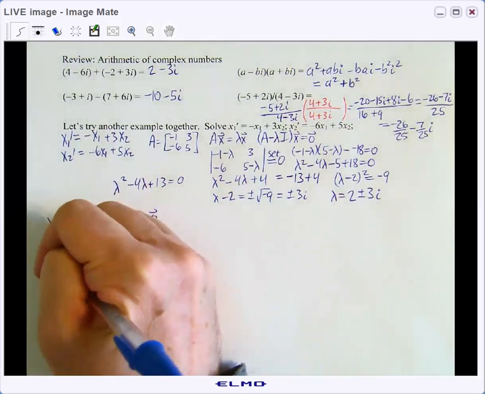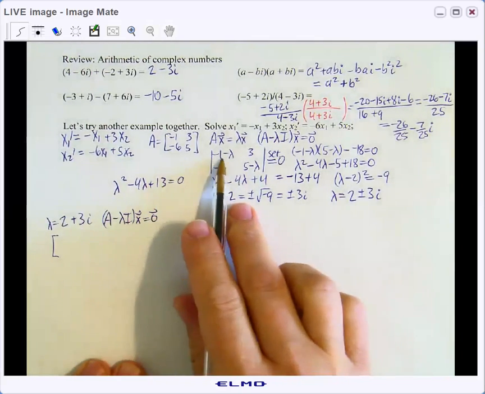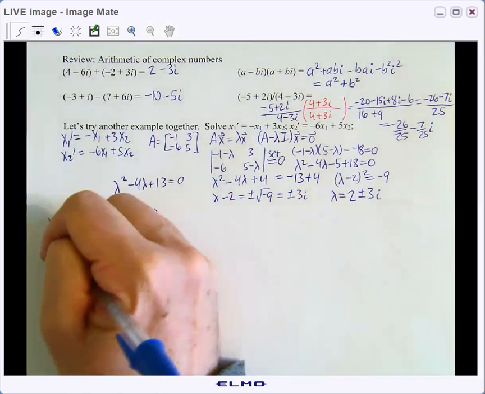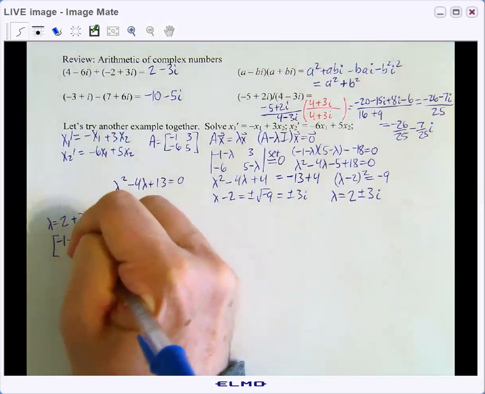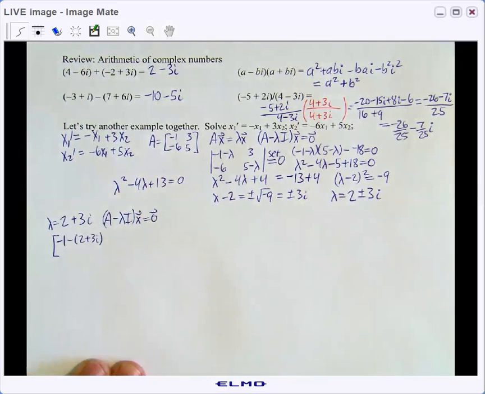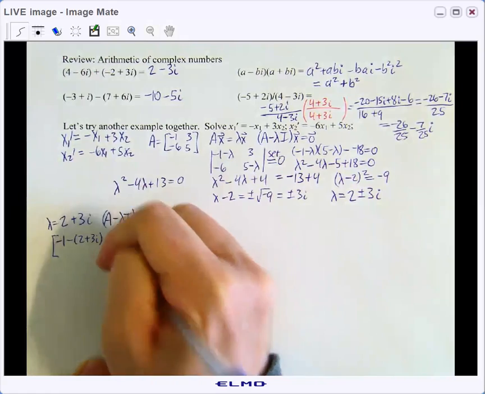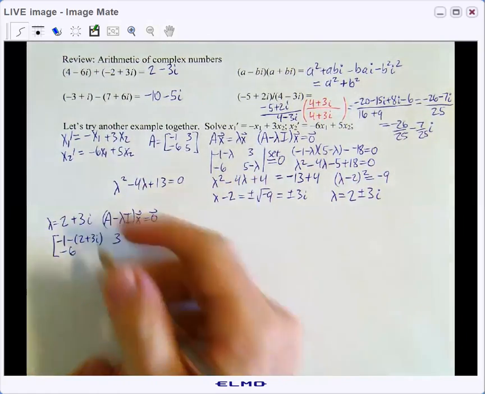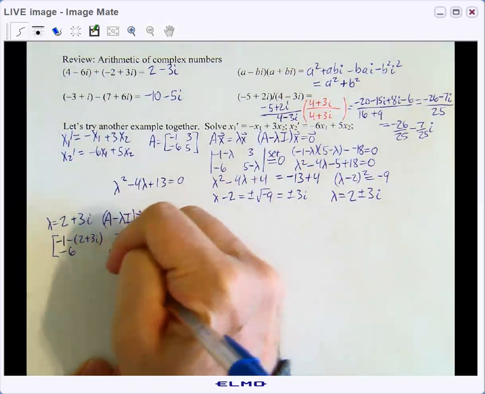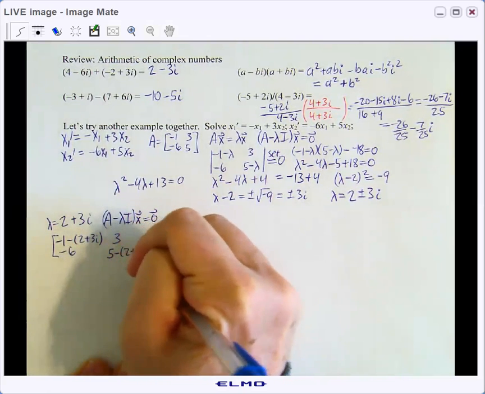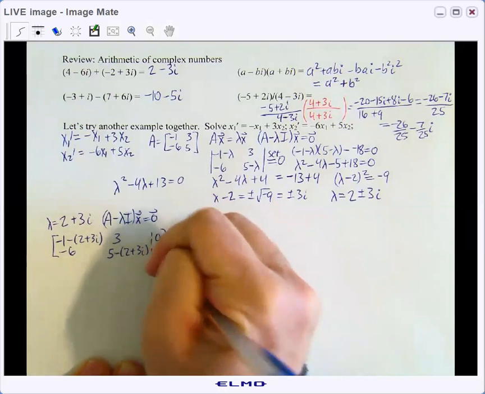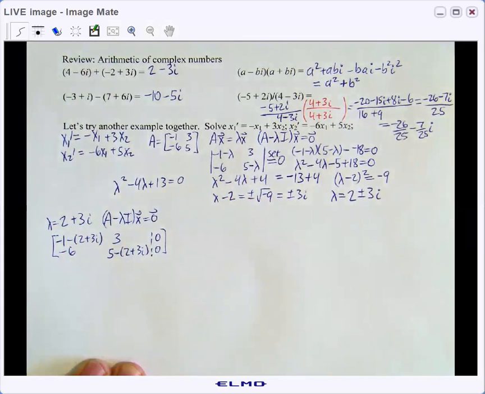So we're going to have -1 minus (2 plus 3i), 3, -6, and 5 minus lambda, which was 2 plus 3i. And remember that we're solving the system where this is equal to 0.